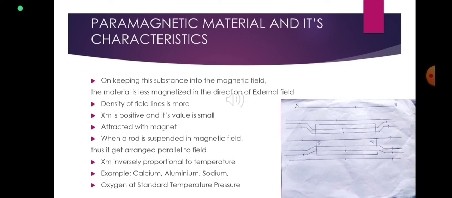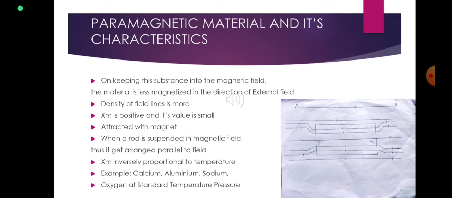So let us discuss the characteristic of paramagnetic materials. So our first characteristic are: on keeping the substance into the magnetic field, the material is less magnetized in the direction of external field. Second one, density of field line is more.